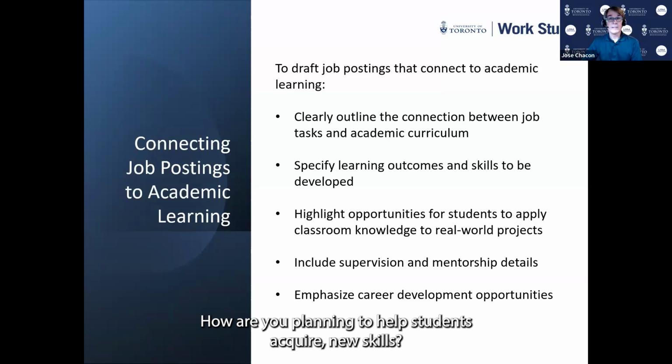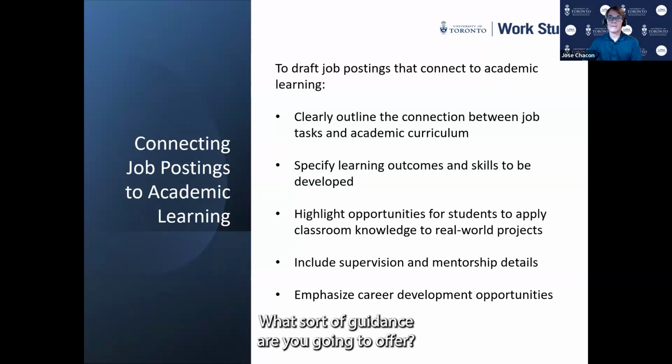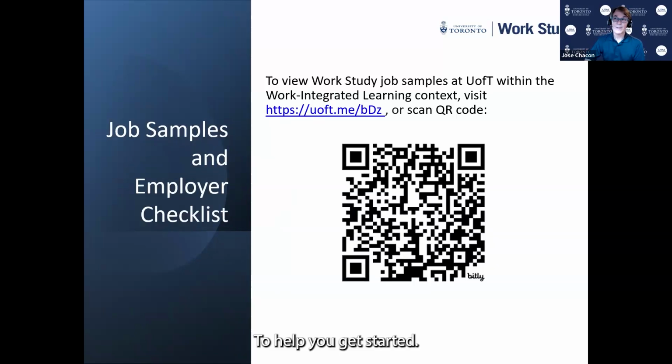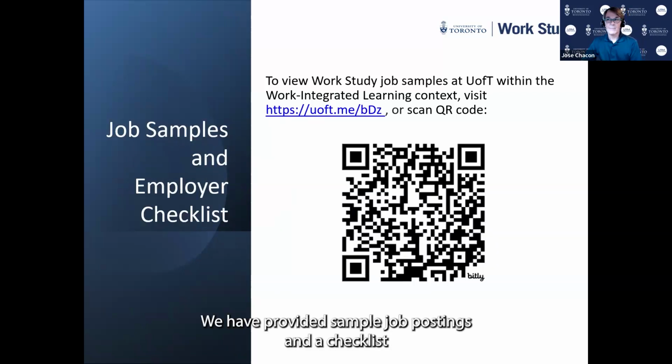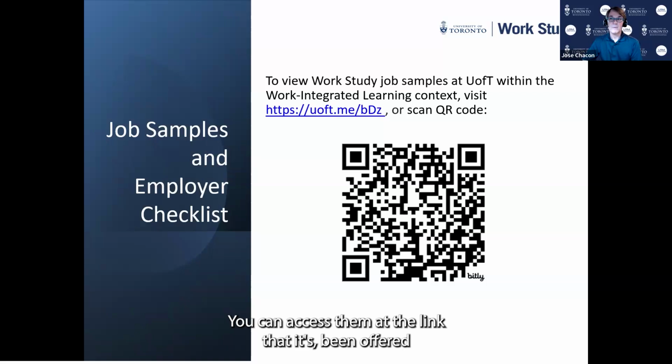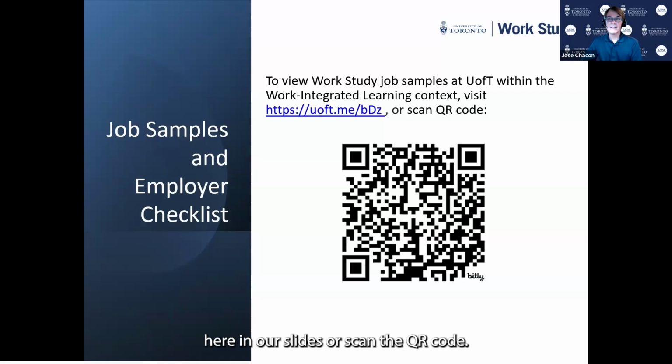How are you planning to help students acquire new skills? What sort of guidance are you going to offer? And of course, highlight how the role supports their career growth. To help you get started, we have provided sample job postings and a checklist that aligns with work integrated learning principles. You can access them at the link offered here in our slides, or scan the QR code.